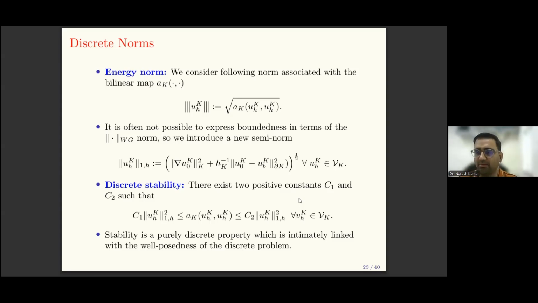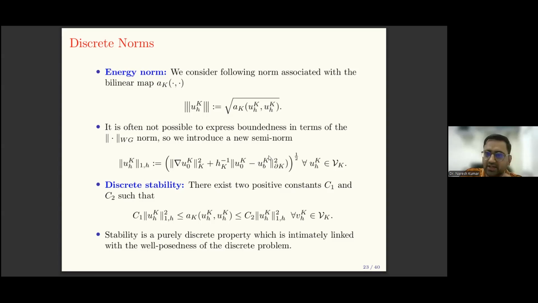So one norm is automatically generated from the bilinear map. We call it the energy norm. So this A_K is our bilinear map. So we can easily prove that this triple bar norm is called the energy norm. It is associated with the bilinear map.